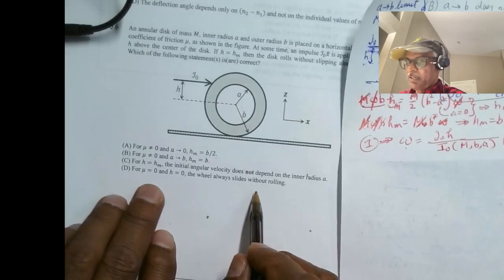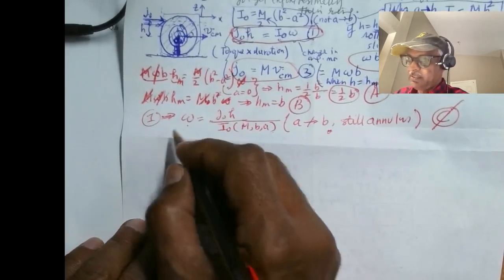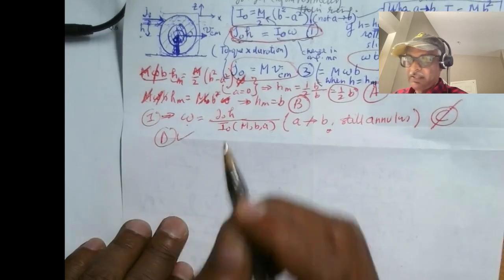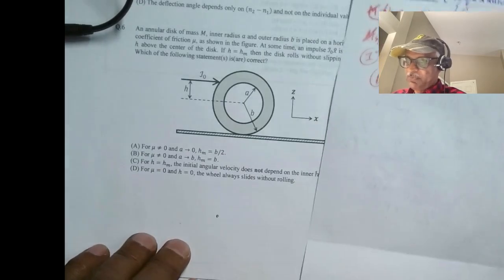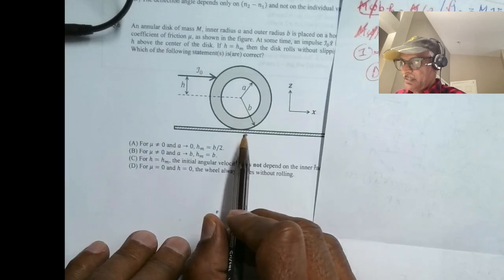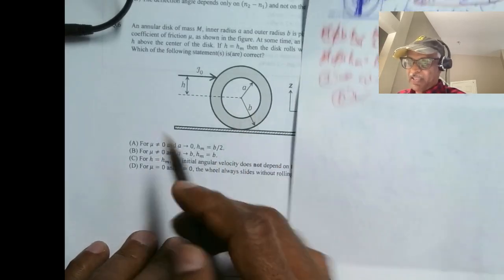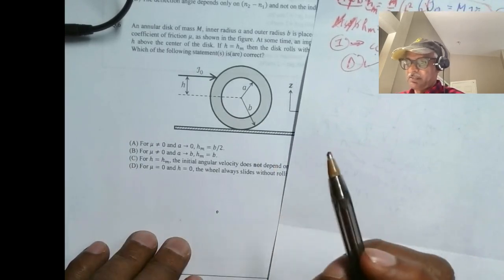So it will always slide. So D is also correct. D is correct not from these equations, but just from using some physical reasoning here. Okay, so I would say A, B, and D are correct for this.